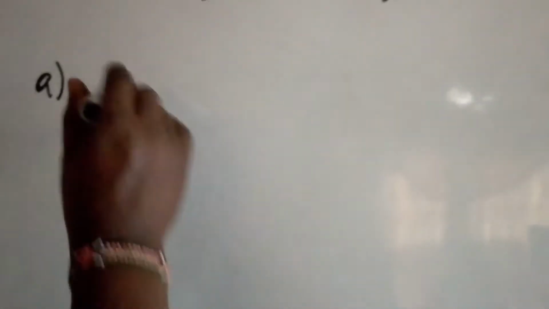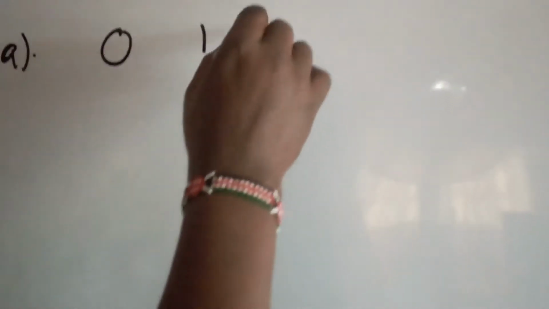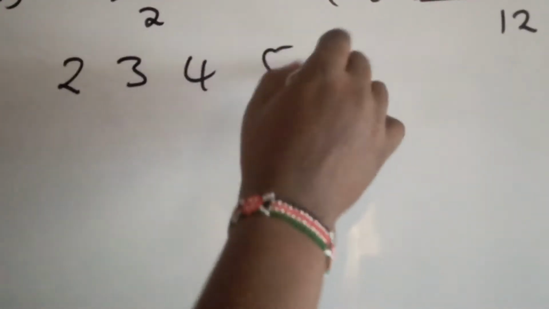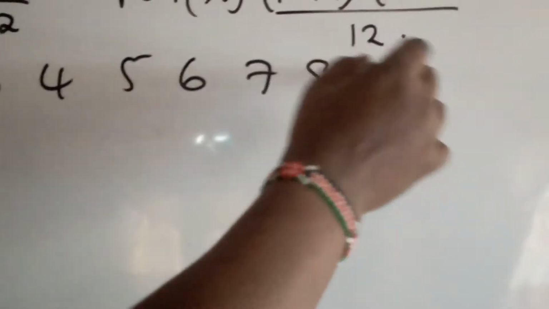And of course, as we know, digits are single numbers. In this case, the digits will be the numbers 0, 1, 2, 3, 4, 5, 6, 7, 8, 9. All these are digits.